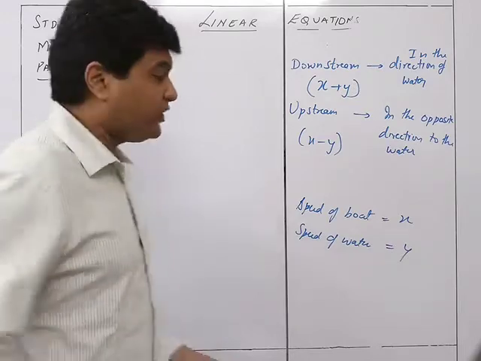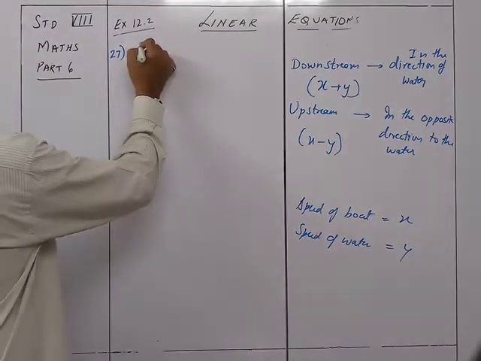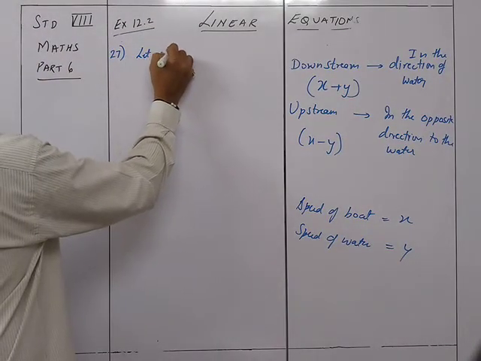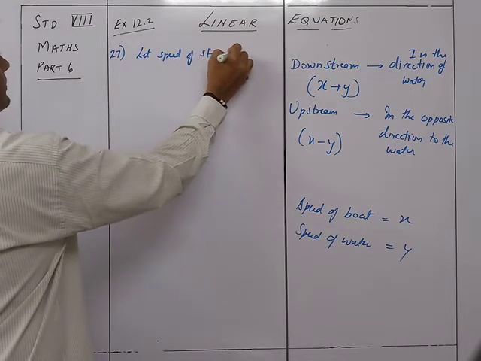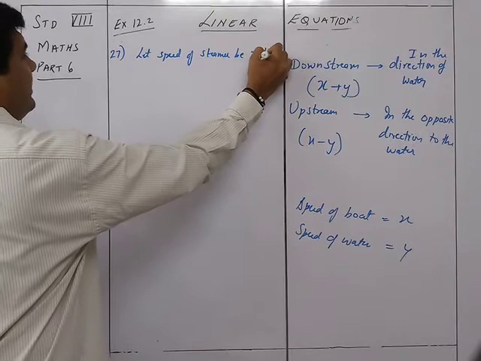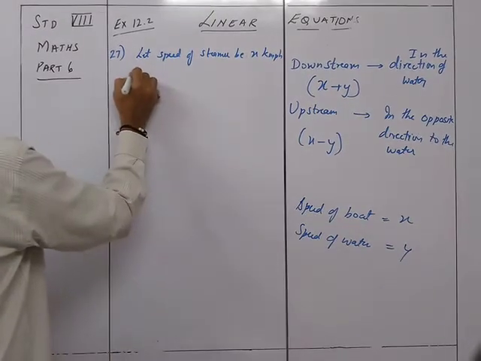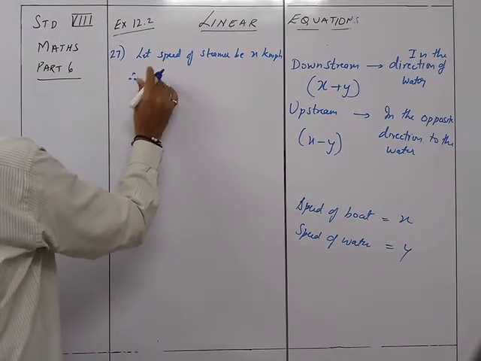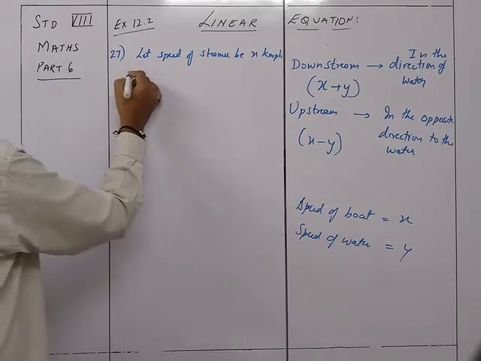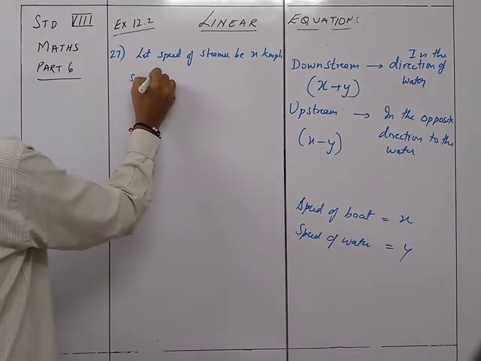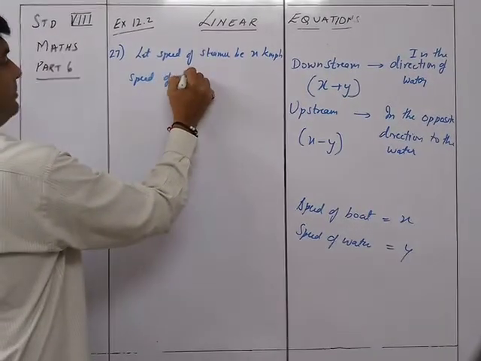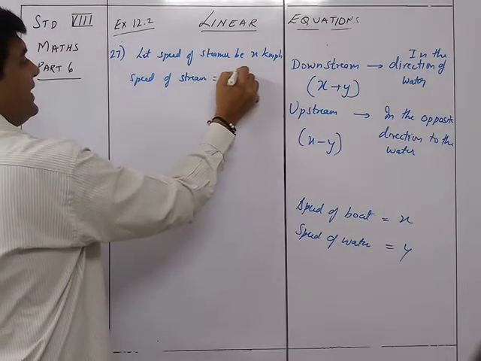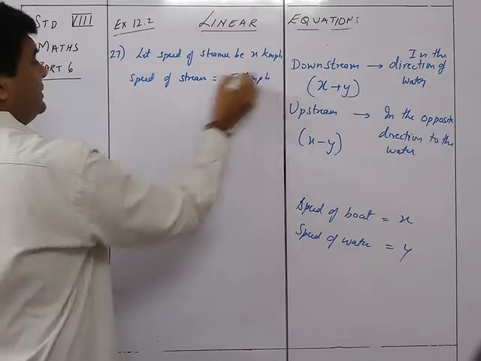So first of all we will say here, let the speed of the steamer be x kilometers per hour. It is given that the speed of the stream is equal to 5 kilometers per hour.